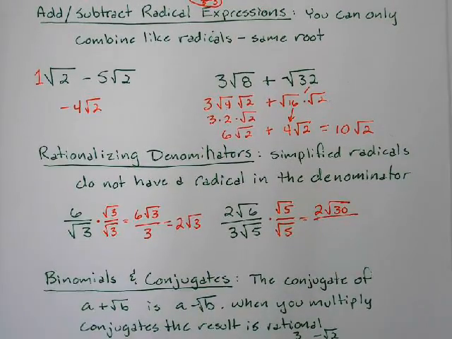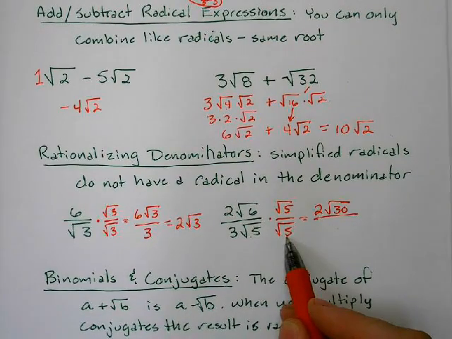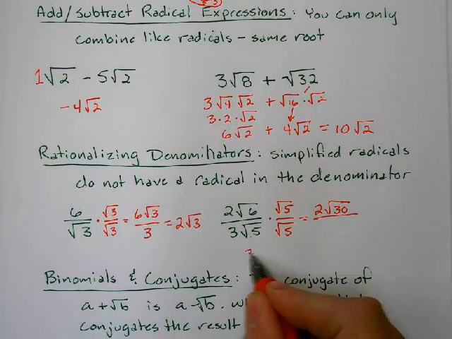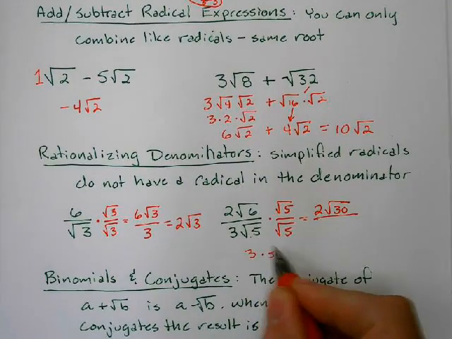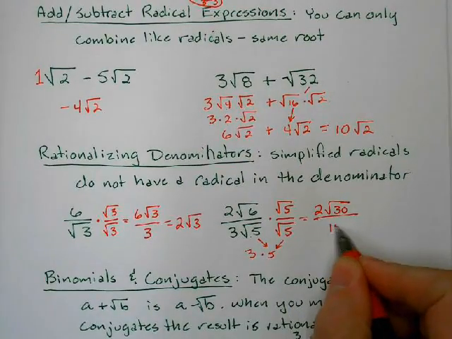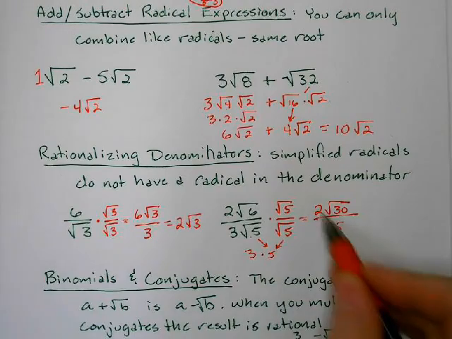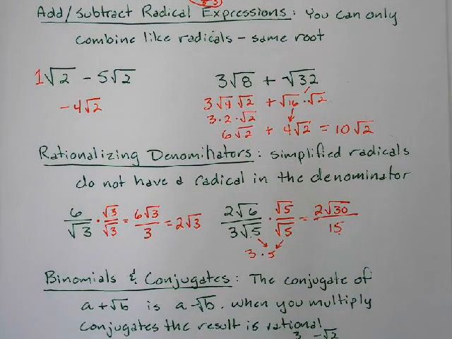In the denominator, root 5 times root 5 is 5. So this is going to become 3 times 5, because root 5 times root 5 is 5, so my denominator is 15. Again, the 15 cannot reduce with the radical. It could only reduce with the 2, and since it doesn't reduce, we would be done at that point.